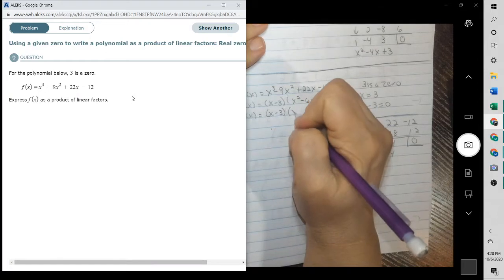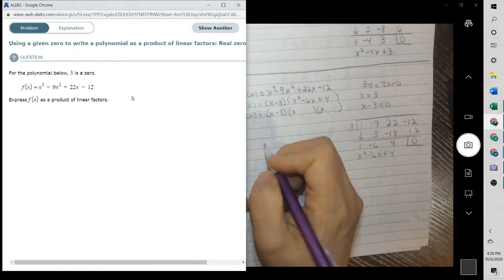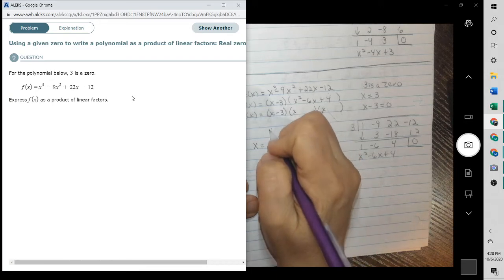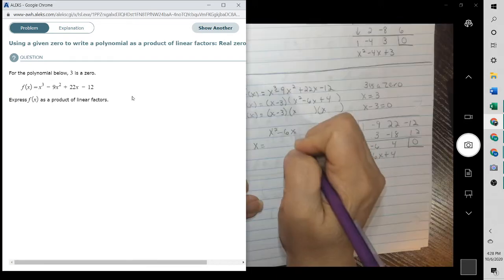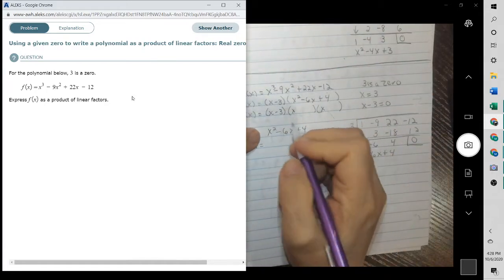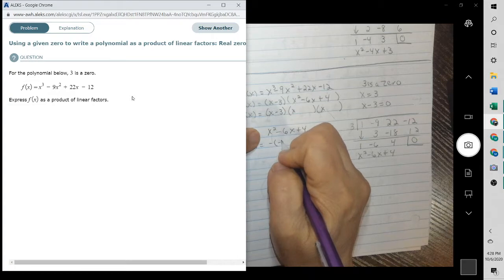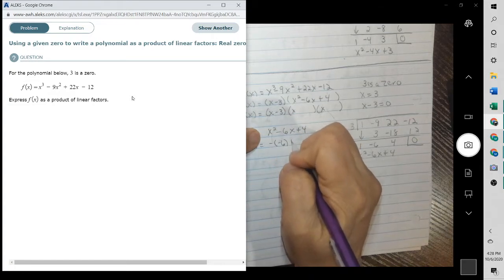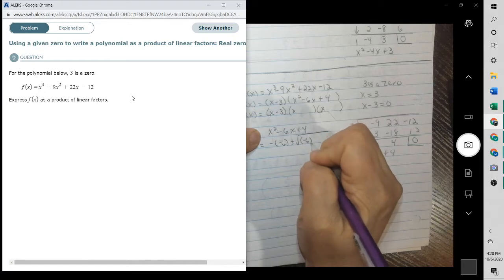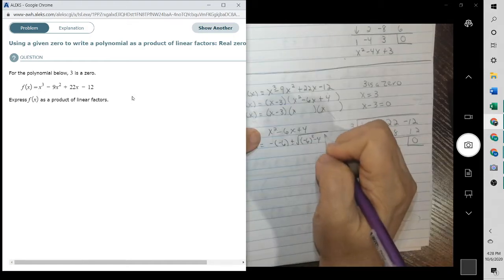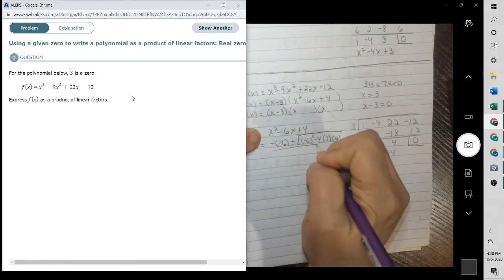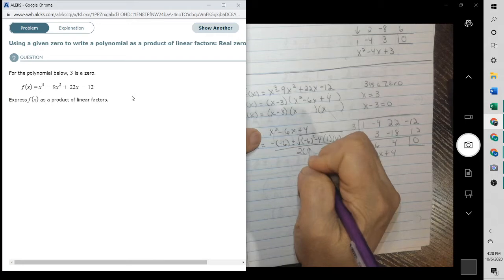So to find the factors that go in here, you use the quadratic formula. So b is -6. Negative b plus or minus the square root b squared minus 4ac all over 2 times a.